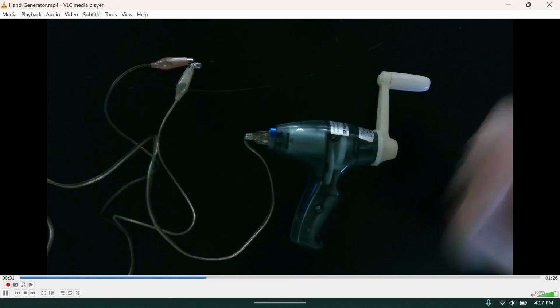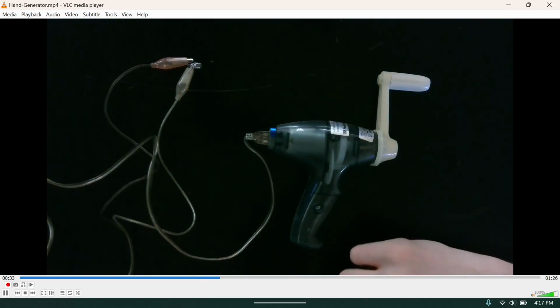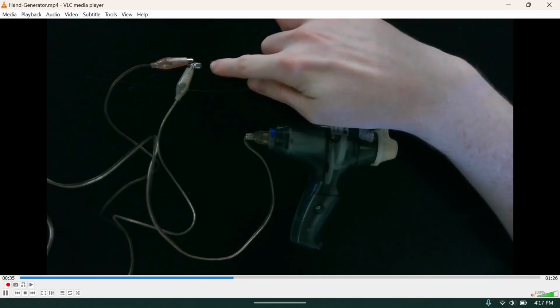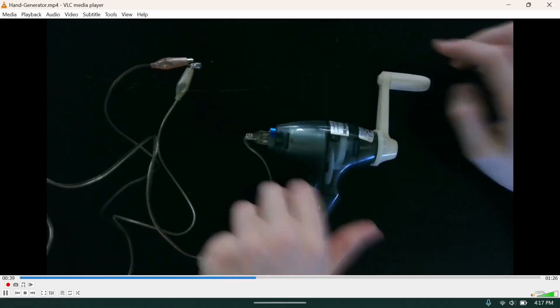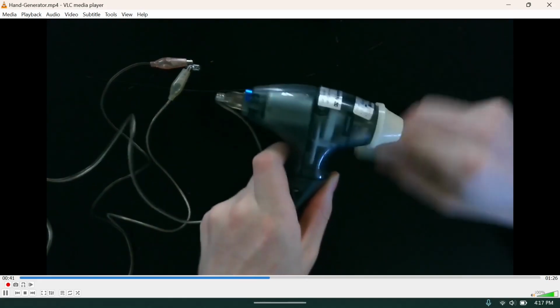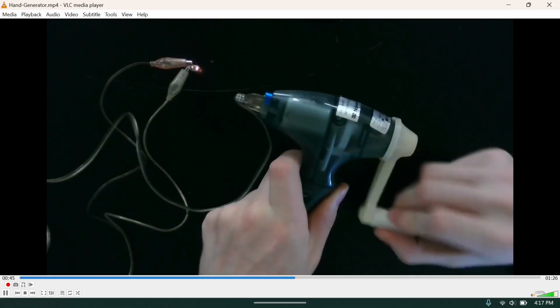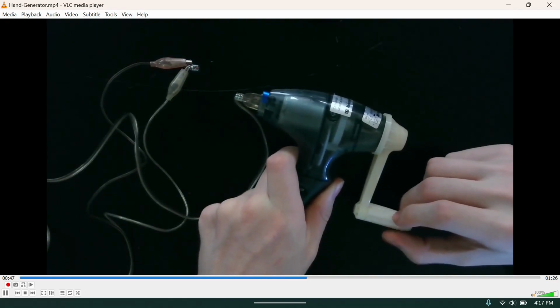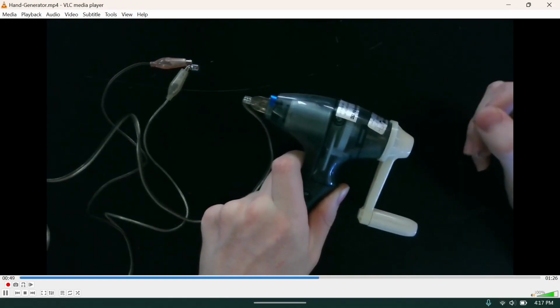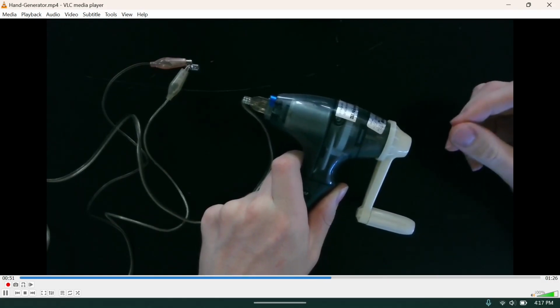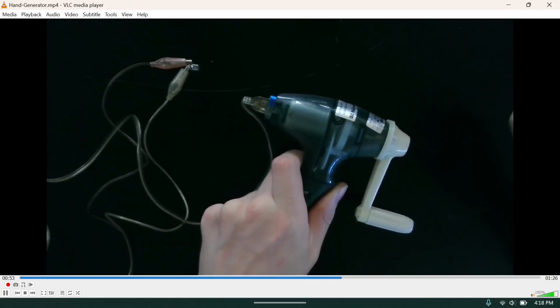It's the thing that hands off the mechanical to electrical energy, and then it's finally dissipated as thermal energy and light through the bulb. So I'm going to start with a slow spin. If I spin faster, we're going to see more current flow because there's a larger induced EMF when we have faster motion.